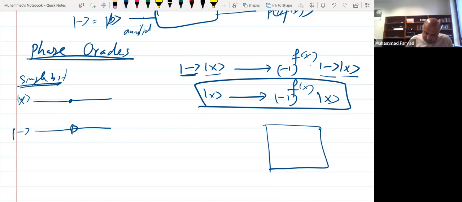If x is just a single bit, then we can have only a few types of function.